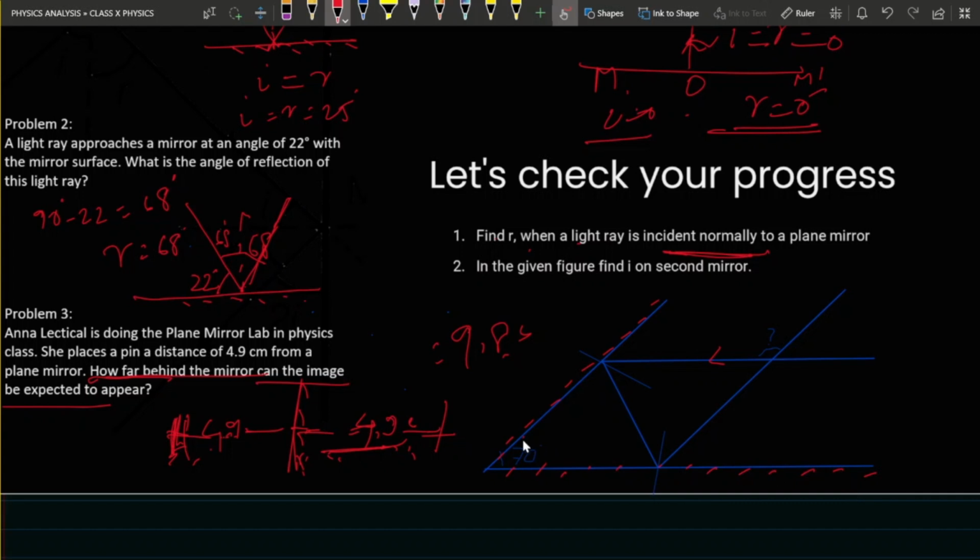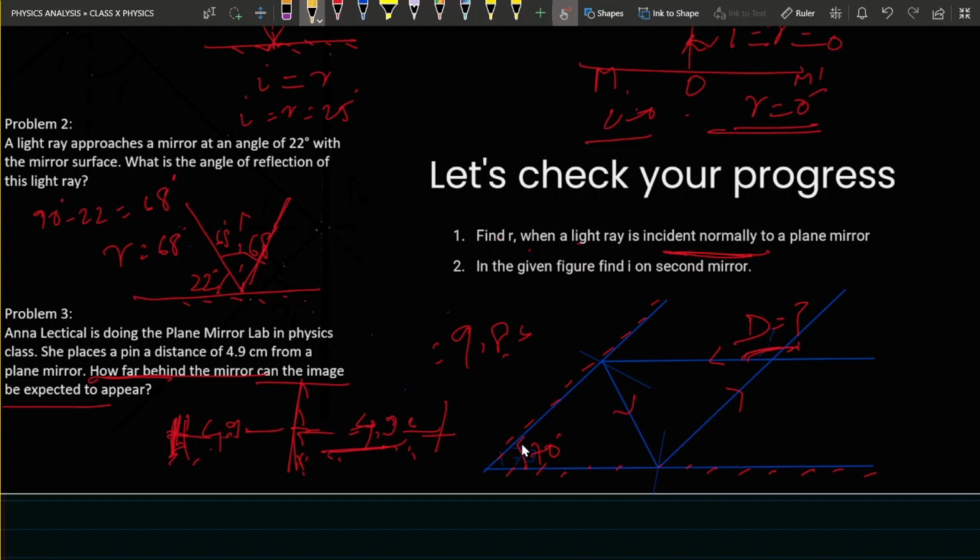This angle is 70 degrees. The incident ray, after reflection, is again reflected back, and the final ray deviates from the original incident ray by this angle, d. If I ask you to find this d, how do you find it? Let us see this question.